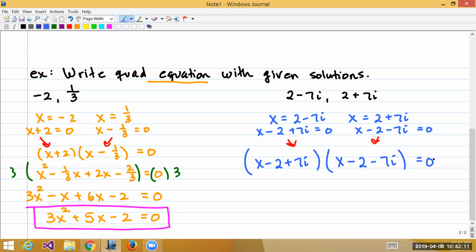Now we can go ahead and solve this just by going across and distributing, where you distribute this x to all three terms, and then the negative 2 to all three terms, and then the 7i to all three terms. Or if you look a little bit closer, I'm going to put parentheses around here.